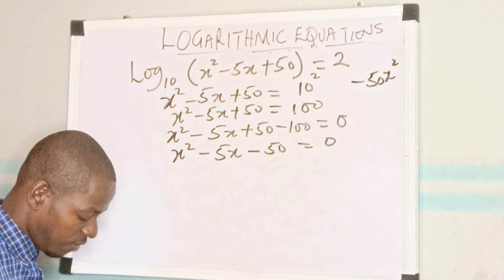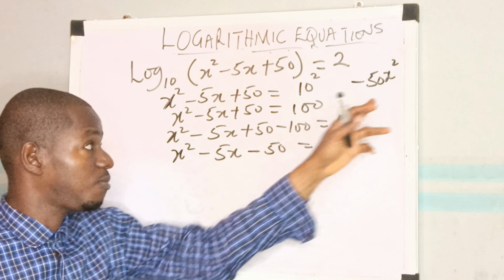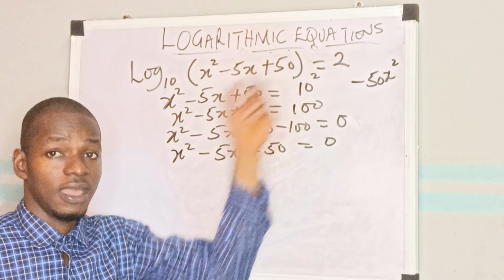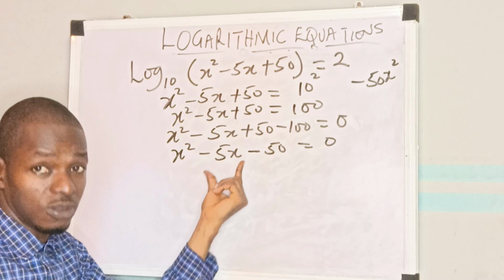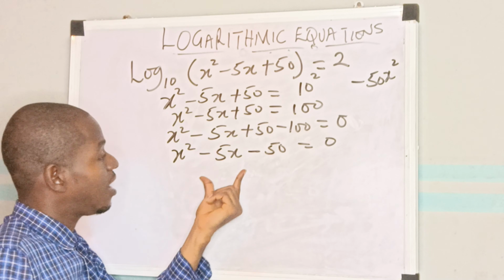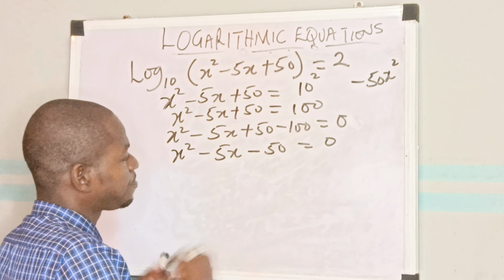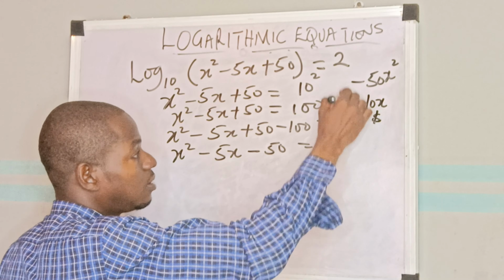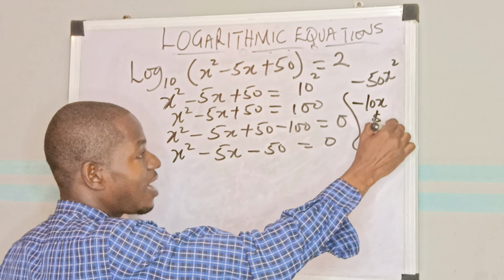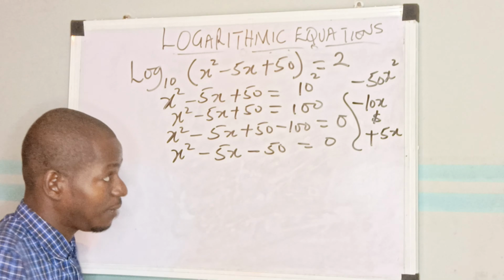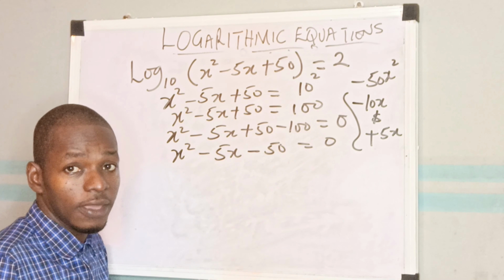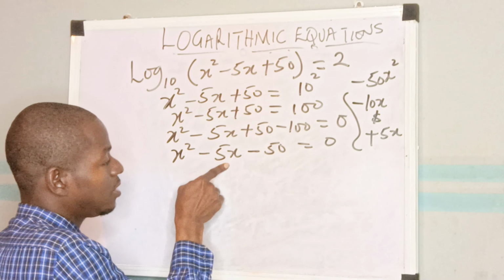Now we'll look for two factors such that when I multiply them, I will get negative 50x squared, and when I add them, I will get negative 5x. The two factors are negative 10x and plus 5x, because when I multiply these two, I will get negative 50x squared, and when I add them, I will get negative 5x.